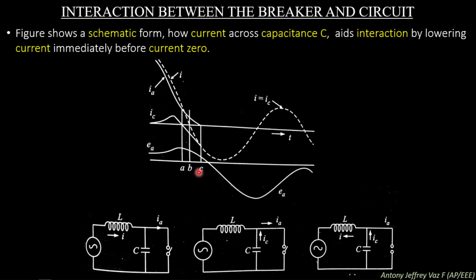After position C you can see the normal recovery voltage or the system voltage starts to occur. We will see this figure in more detail.